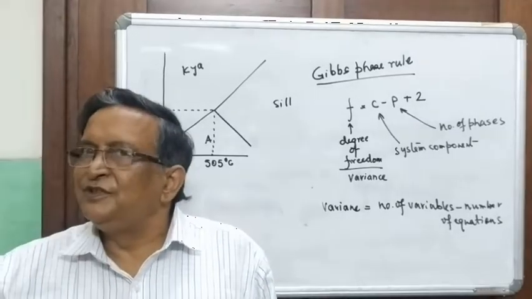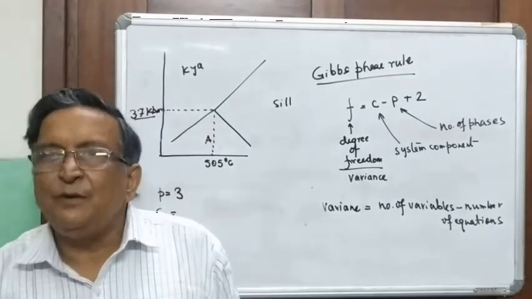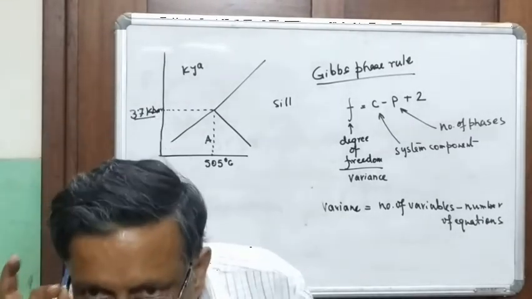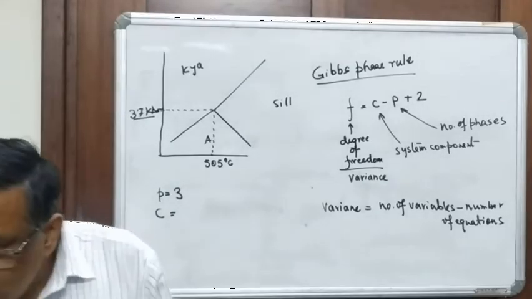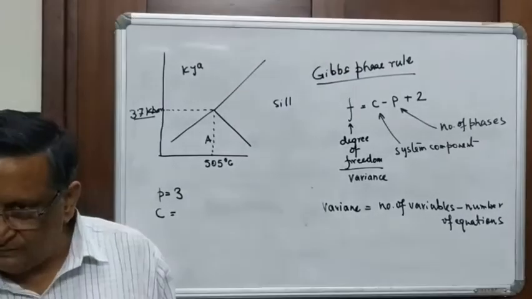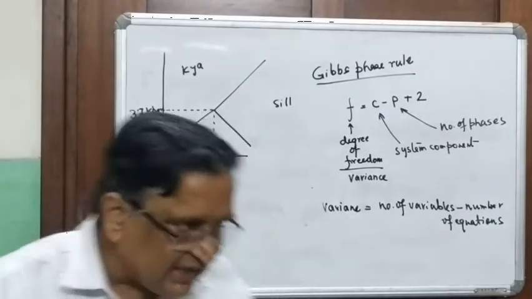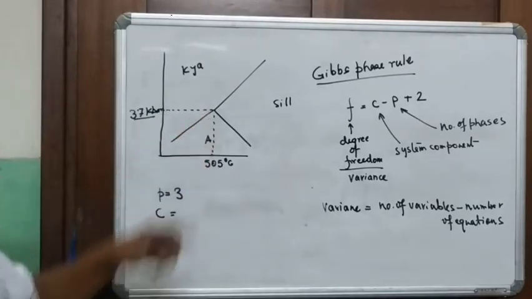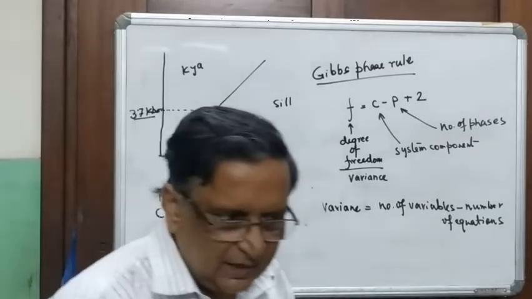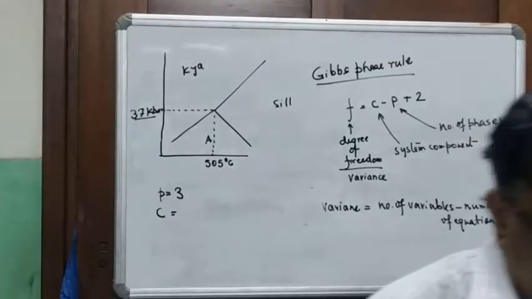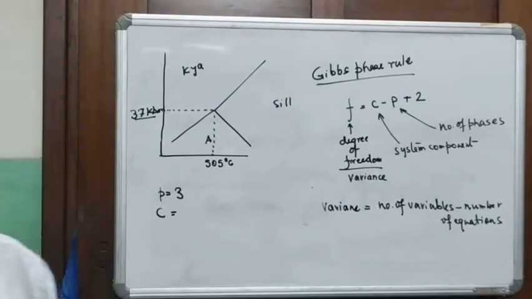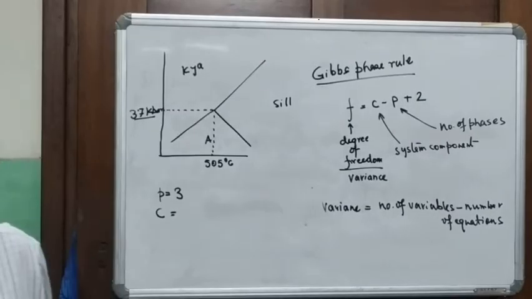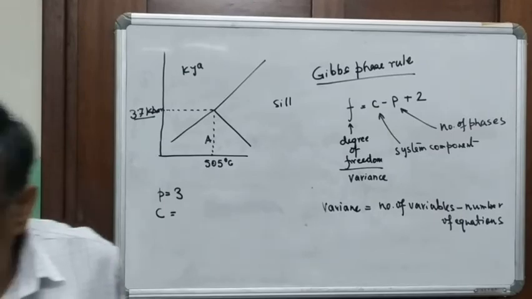Same question. But in the first question, he does not specify Al2SiO5. He does not let out the composition. So that is why when I ask you, what is the variance of the triple point where sillimanite, kyanite and andalusite are there, the first thing that you should ask yourself, or the teacher, is what is the composition of sillimanite, kyanite and andalusite?